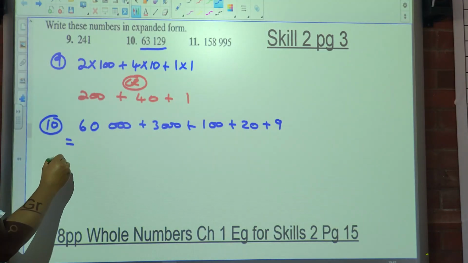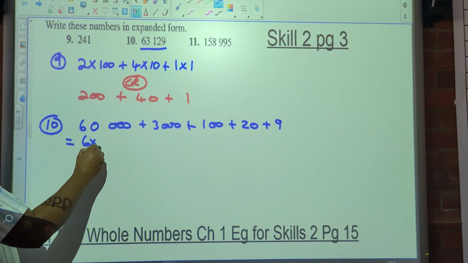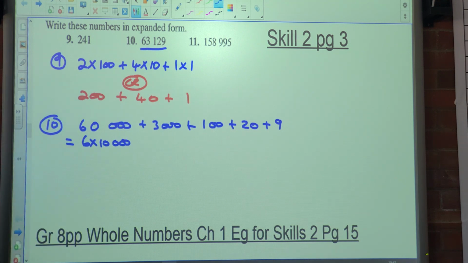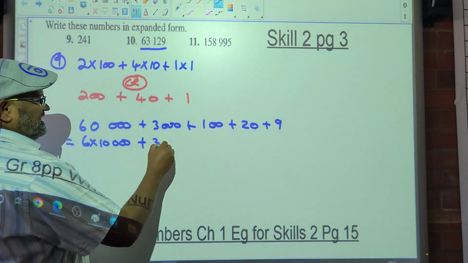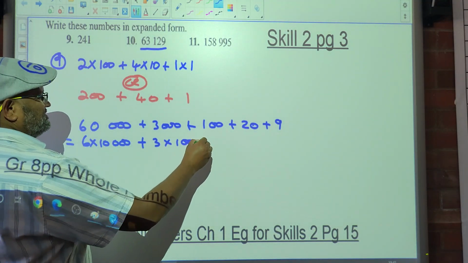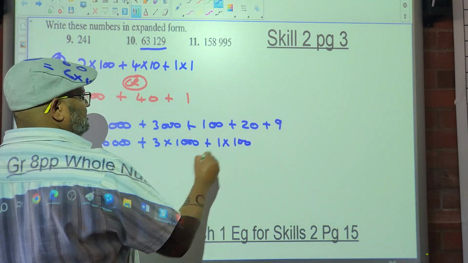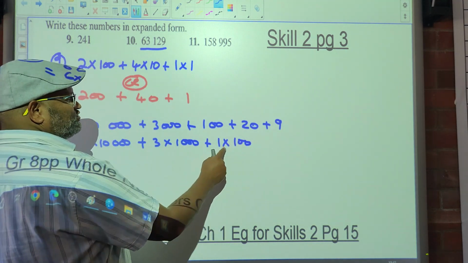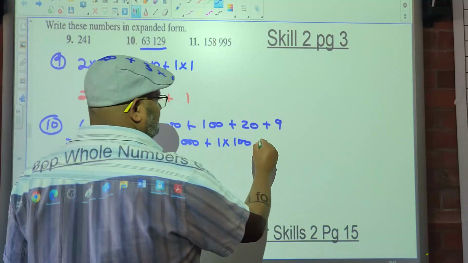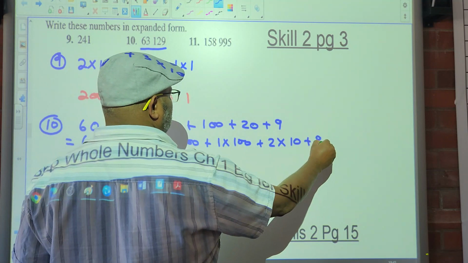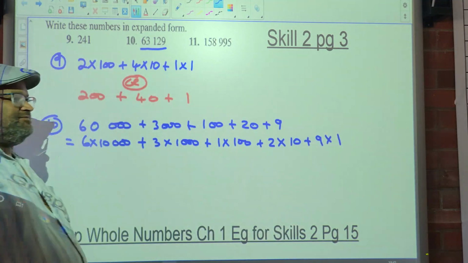So in expanded form it would be 6 times 10,000, not 1,000, 10,000, plus 3 times 1,000 plus 1 times 100, plus 2 times 10, plus 9.